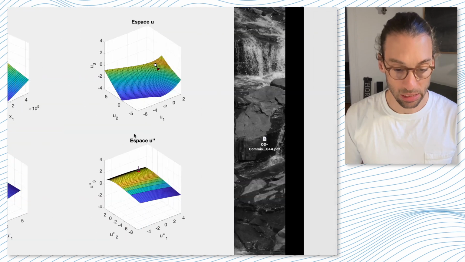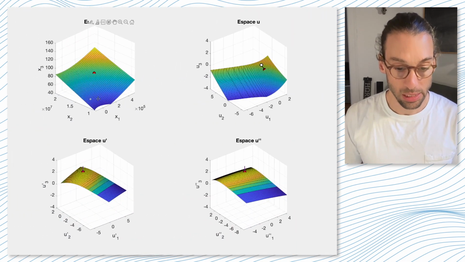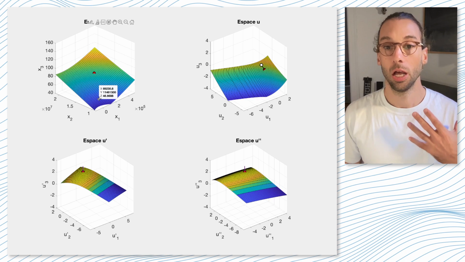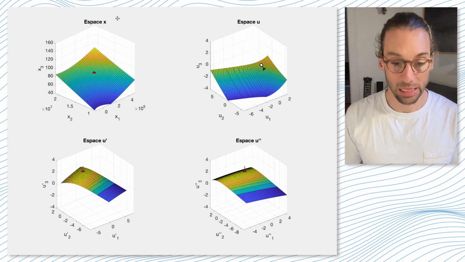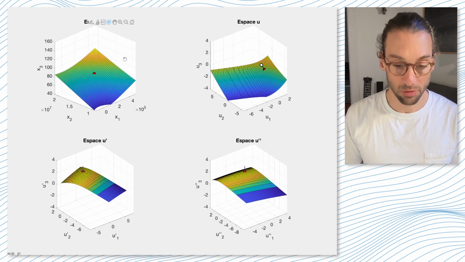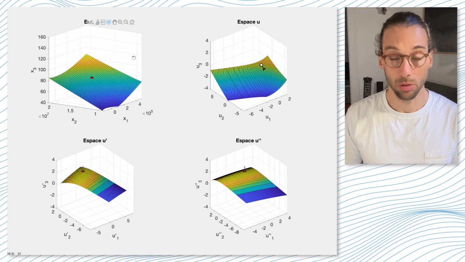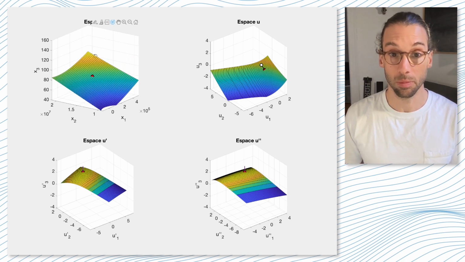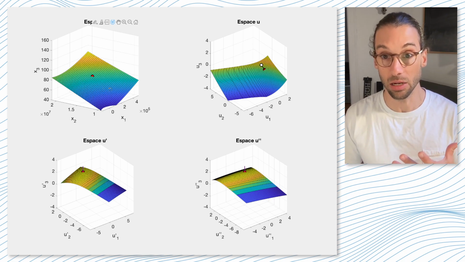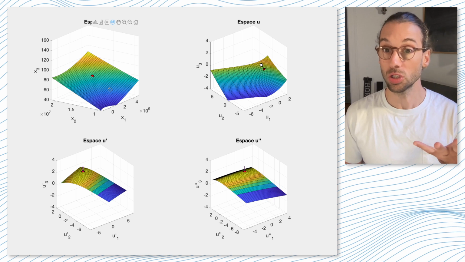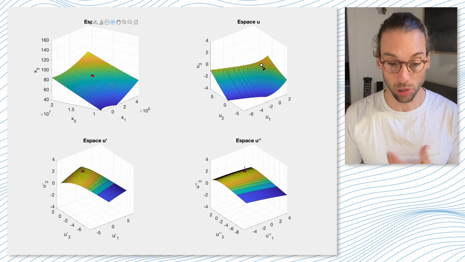And if we look at these plots, this is the original space. The curve here is going to be my limit state function. Sorry, my limit state surface. Because my limit state function is in 4 dimensions, I cannot visualize it. What I'm visualizing here is the limit state surface, so g of x equal 0.